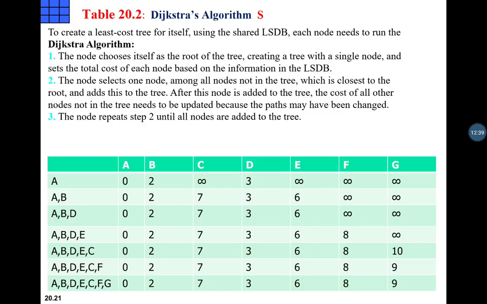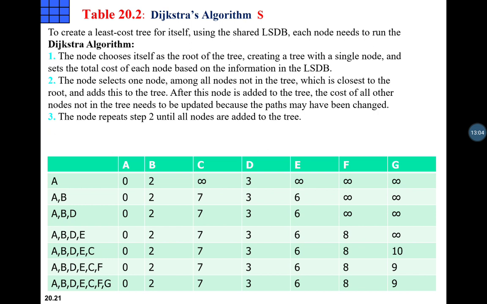So here we can see the Dijkstra algorithm to create a least cost tree for itself using the shared link state database. Each node needs to run this Dijkstra algorithm, which uses the following steps. This is based on a program you will be studying in the lab.